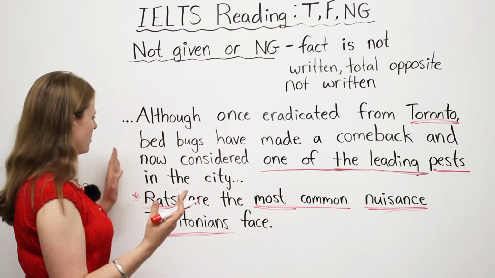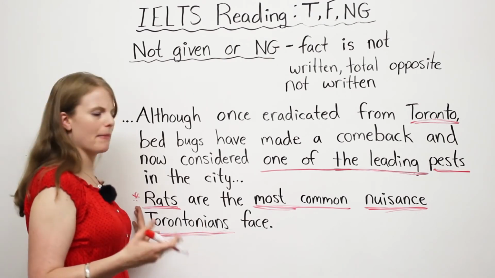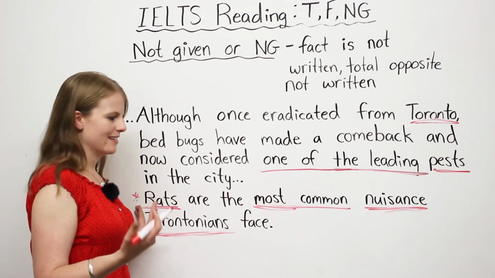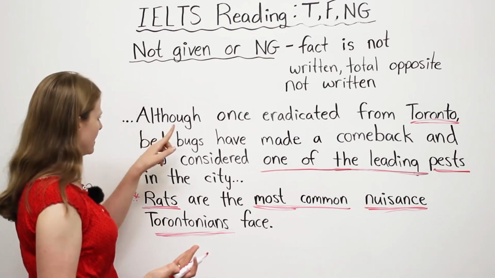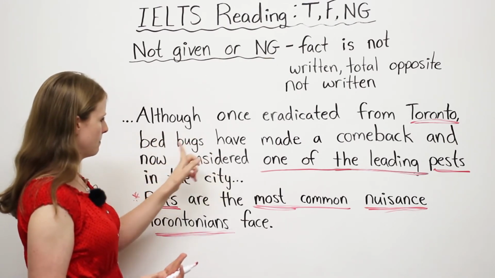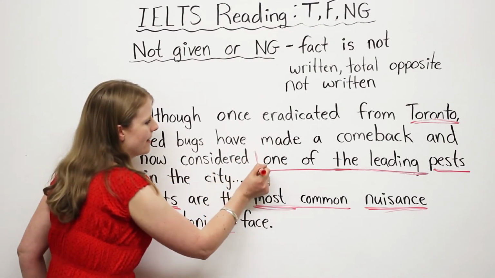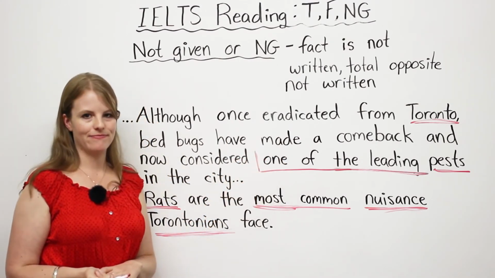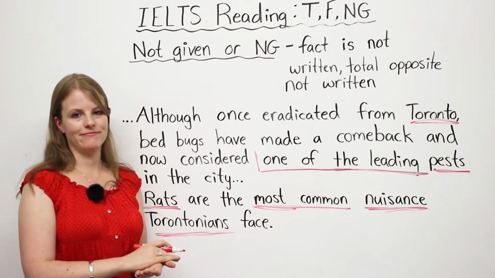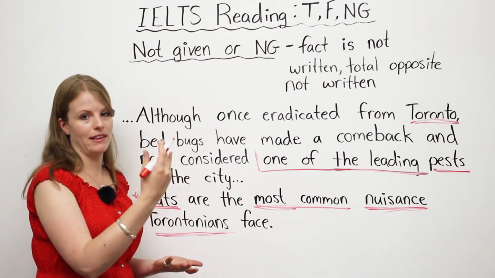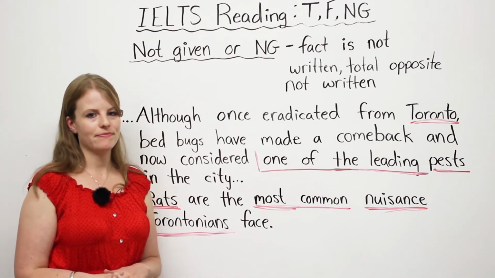Now, could this one be false? Because is it bed bugs are the most common pests that Torontonians face? Well, if I read this, bed bugs have made a comeback and are now considered one of the leading pests. This does not mean that they are the most common. There could be something that's more common than them. Maybe rats are the most common nuisance.